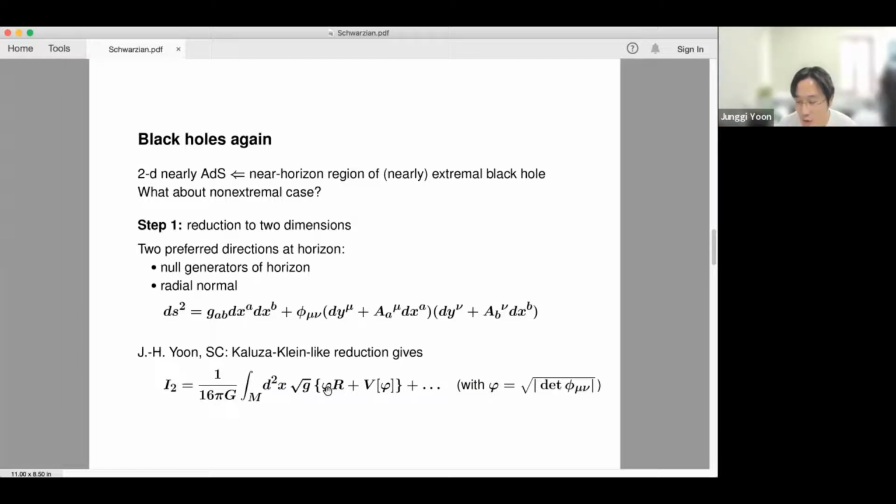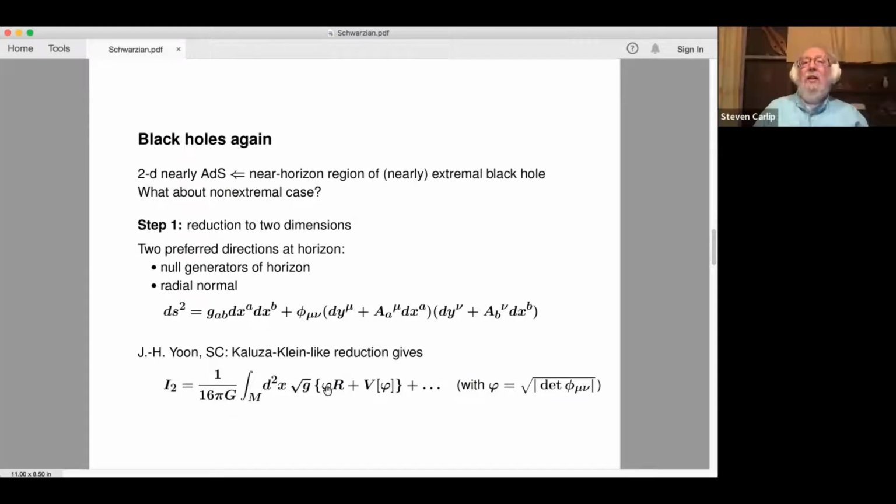Can you tune the potential so that there are many local minima of the dilaton potential, and can you also consider some transition between these local minima? I don't know offhand. It's possible that you could.